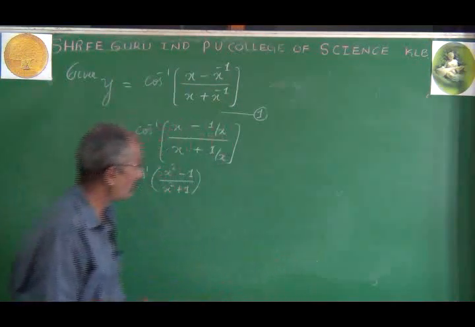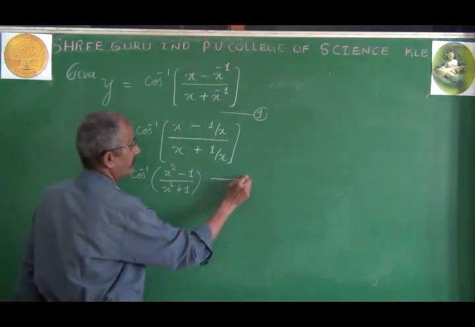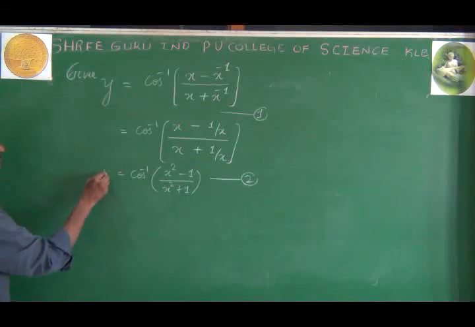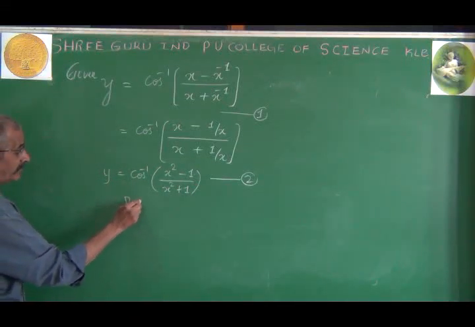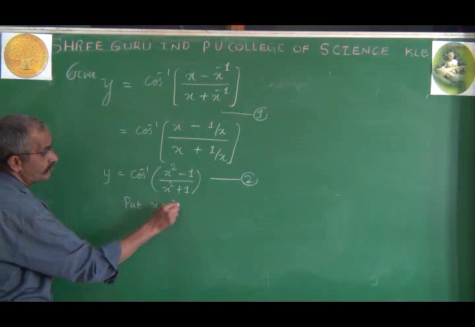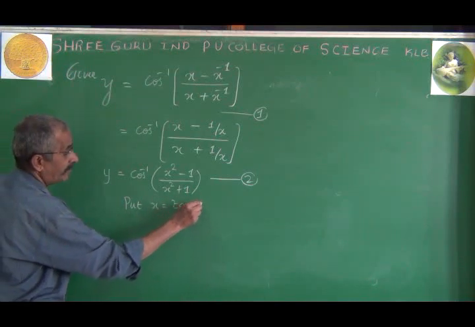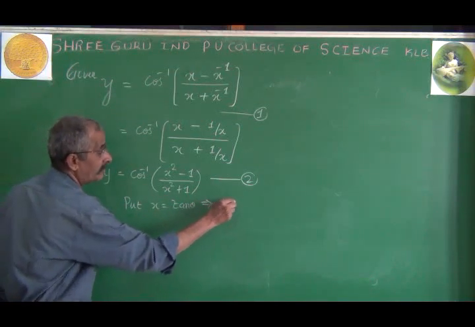Now let us put x equal to tan theta. That's the ideal one. x equal to tan theta implies theta equals tan inverse of x.